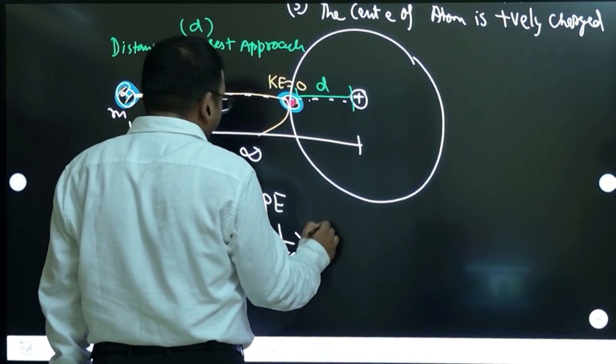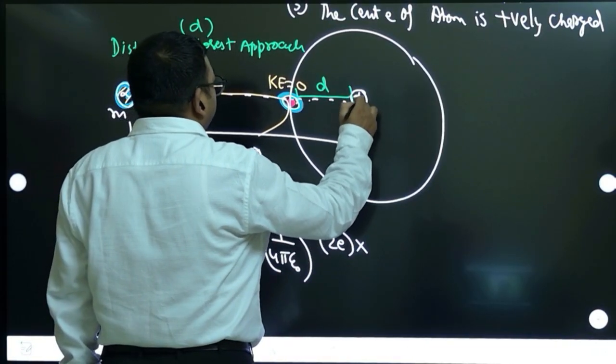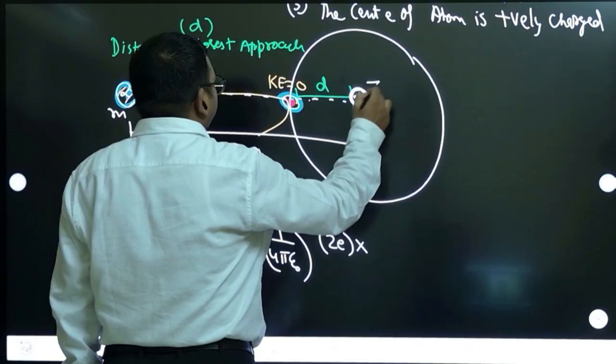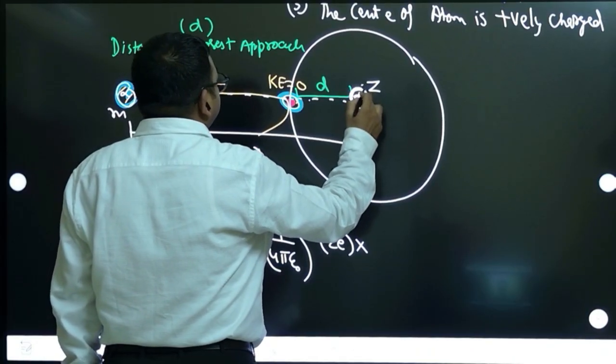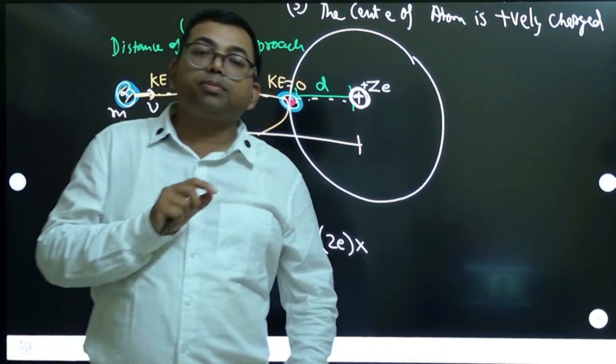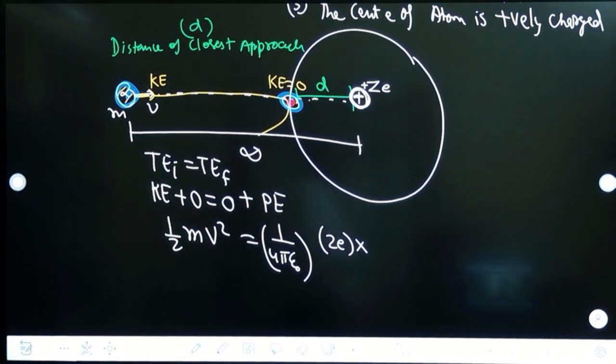The charge of the alpha particle is 2e. The atomic number is Z, so there are Z protons inside the nucleus, so the charge of the nucleus is plus Ze.